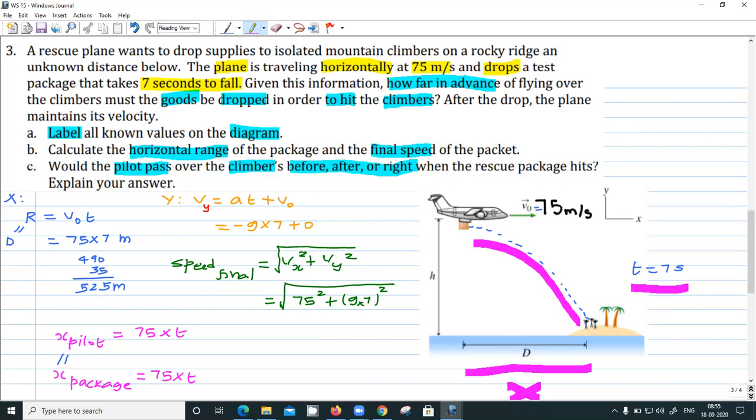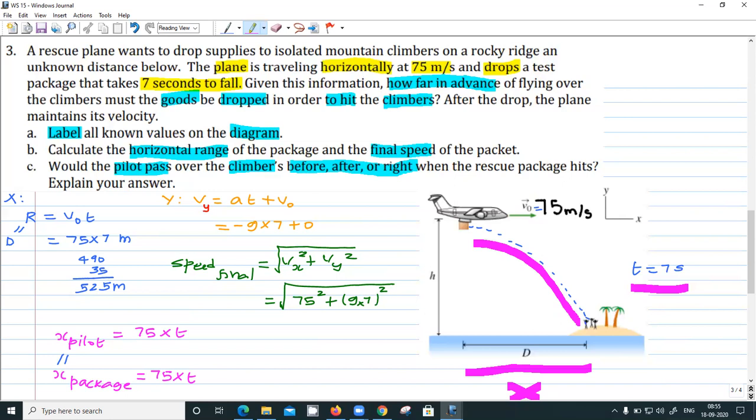Have you found the final velocity y component? You can calculate it, right? Yeah, but I don't know what y and y sub 0 is. You are using v equals at plus v naught, right?